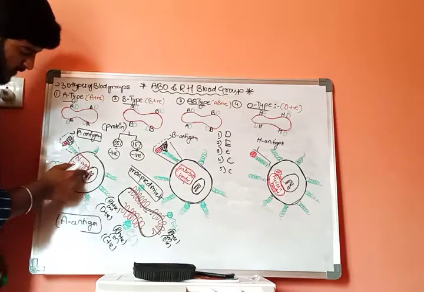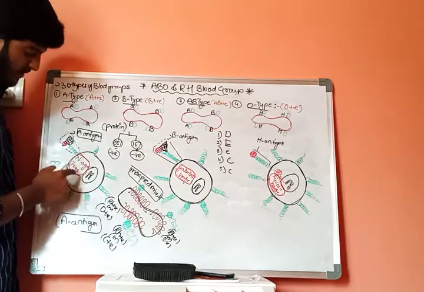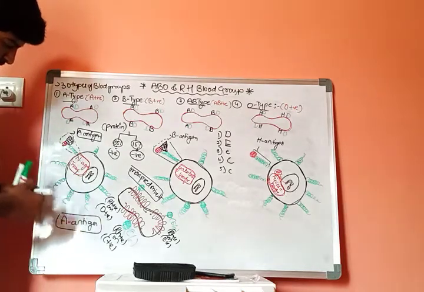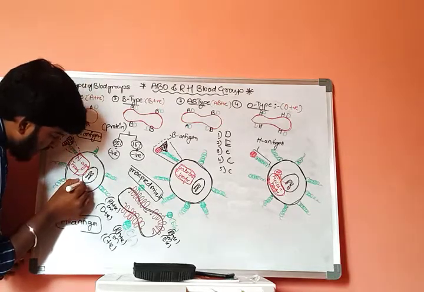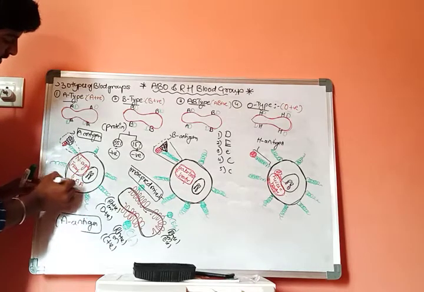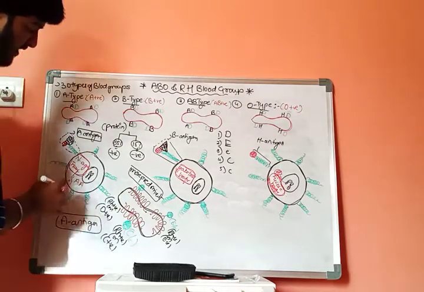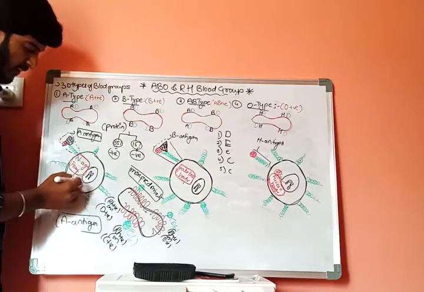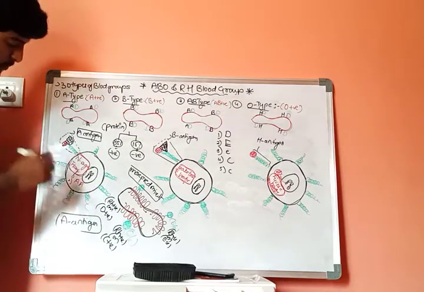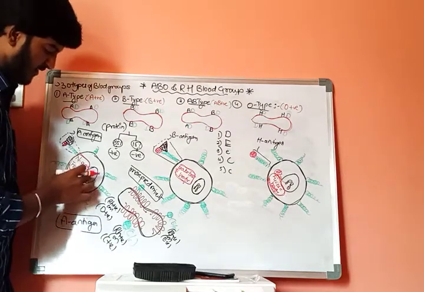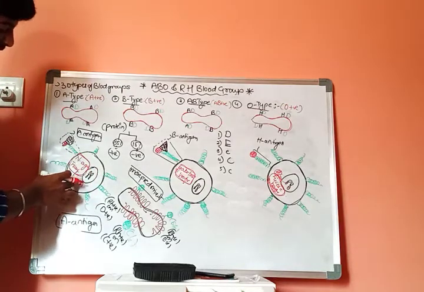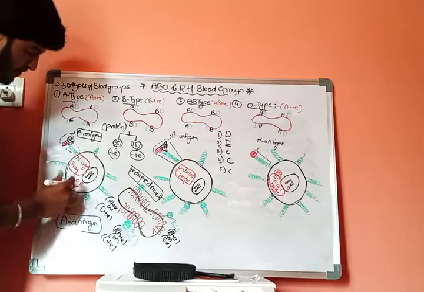If the gene is expressed on both chromosomes, that is capital A and capital A, it is one type of genotype, called homozygous dominant.